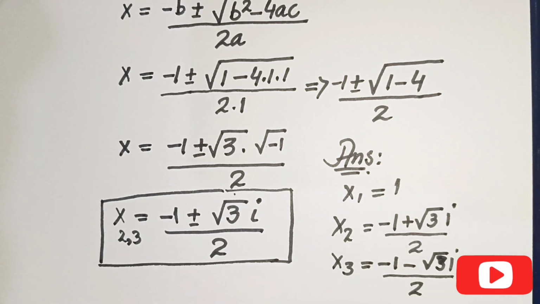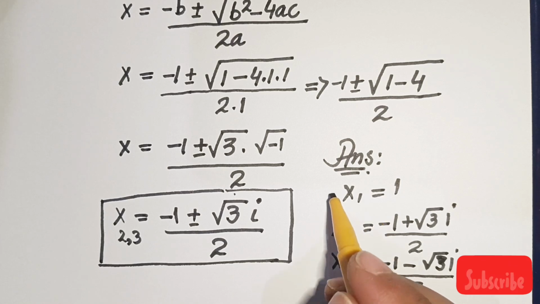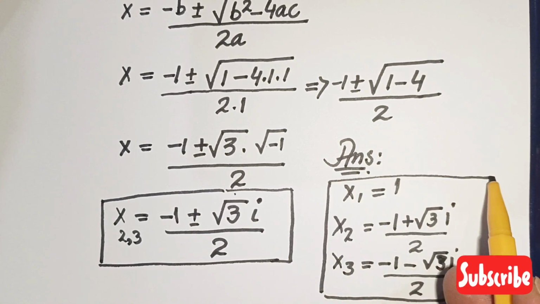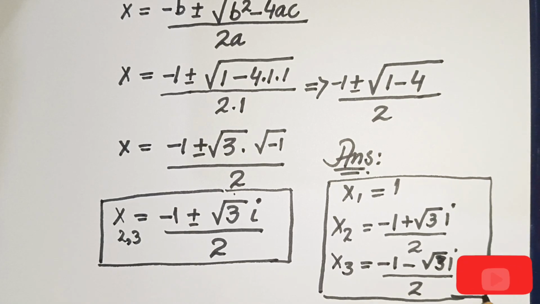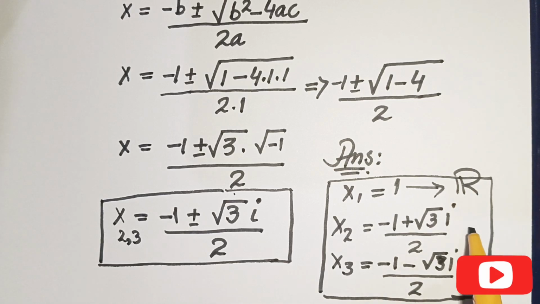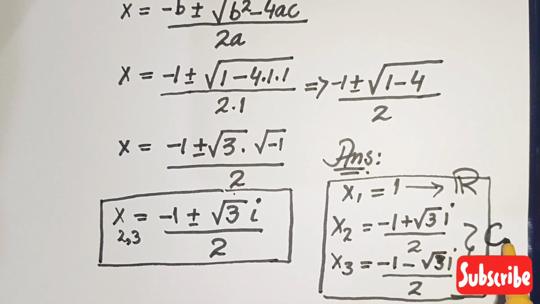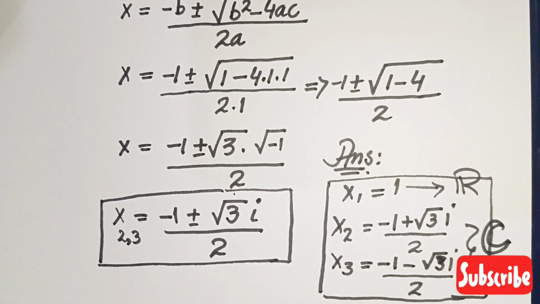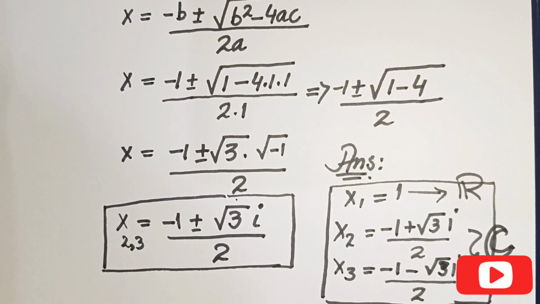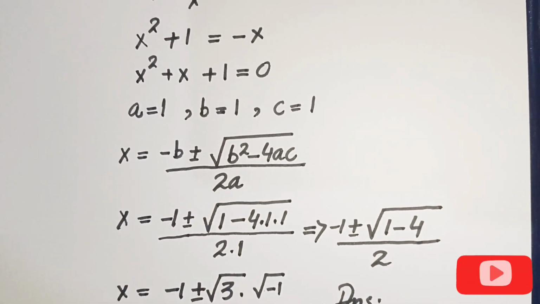So these are the possible three roots of x. Here we see that we have one real solution, and these two are complex solutions. So we have just found that we have two complex solutions and one is real. So it was our possible solution.